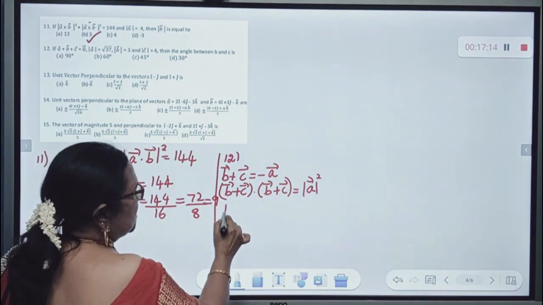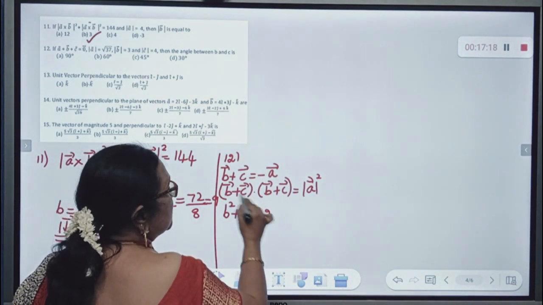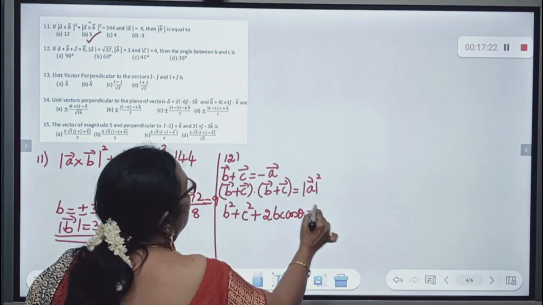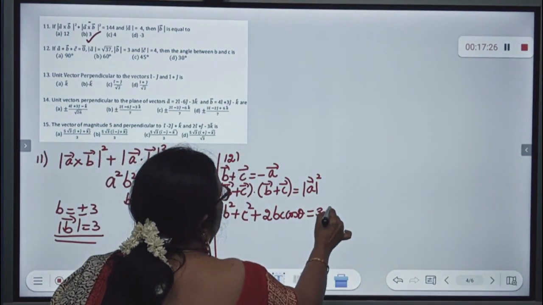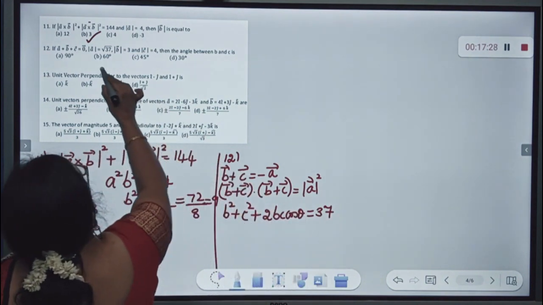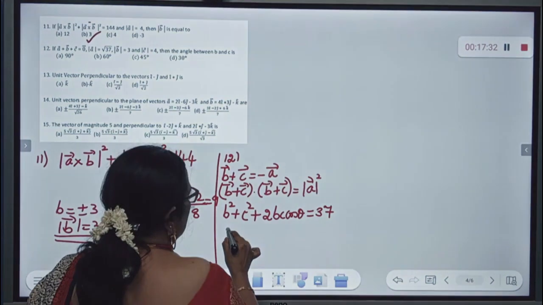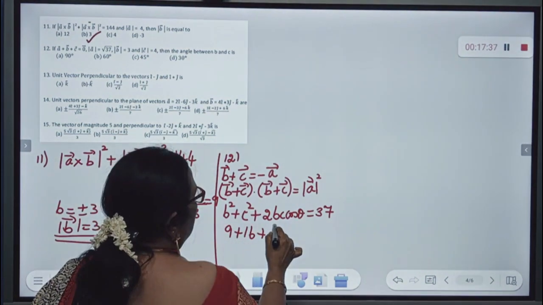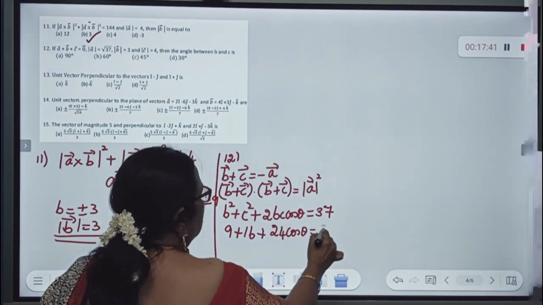So this is B square plus C square plus 2 times B dot C, which is BC cos theta, equal to modulus of A vector the whole square, which is 37. Now B vector is 3, C vector is 4. So 9 plus 16 plus 24 cos theta equals 37.